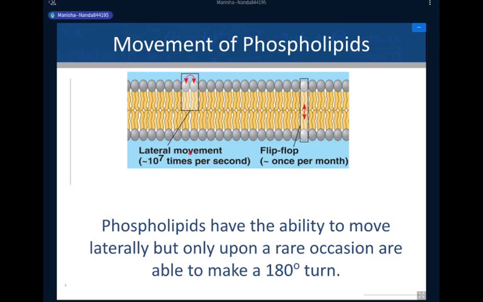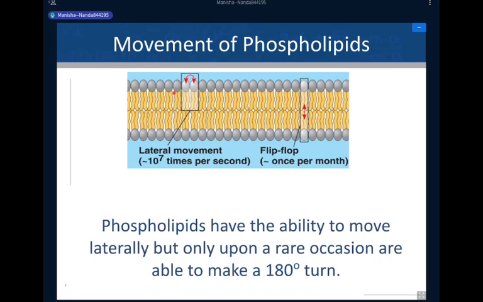One is lateral movement, which is these phospholipids exchanging places with adjacent lipids, and this movement occurs within the same layer of phospholipids. And the other is the flip-flop movement, where lipids can exchange places in between membranes.